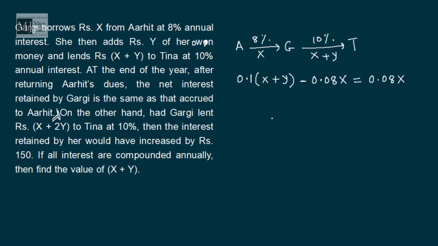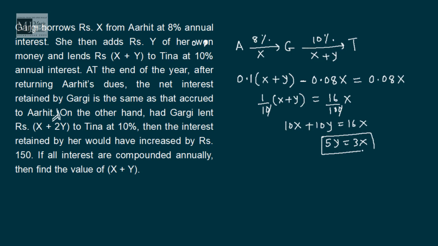From here, we can have the ratio of X to Y. So (1/10)(X + Y) would be, adding up, 0.16X, that is 16X/100. So we have 10X + 10Y = 16X, or 5Y = 3X, from the first equation.